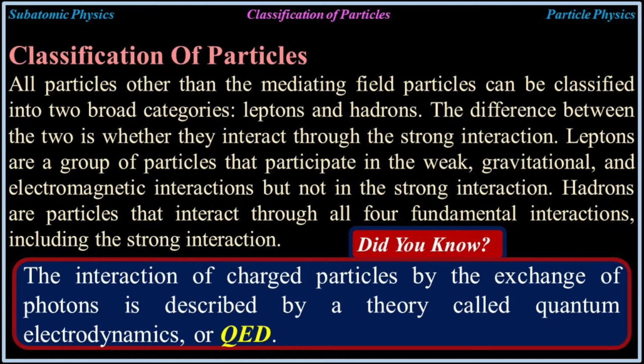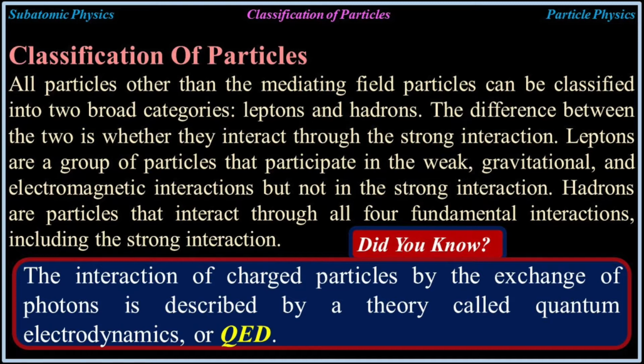Classification of particles. All particles other than the mediating field particles can be classified into two broad categories, leptons and hadrons. The difference between the two is whether they interact through the strong interaction. Leptons are a group of particles that participate in the weak, gravitational and electromagnetic interactions, but not in the strong interaction.